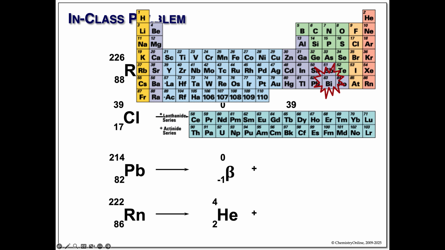The mass number does not change. And finally, the radon we made can lose an alpha particle. When it does, atomic number drops by 2. We're down to 84, we're at polonium again. The mass number will drop by 4, giving us polonium-218. Any questions?